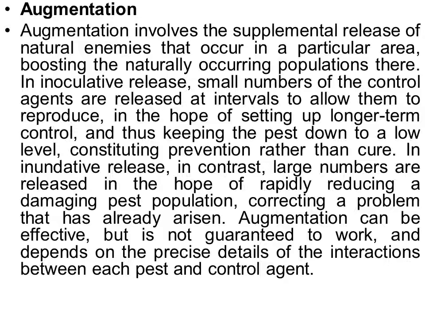In inundative release, in contrast, large numbers are released in the hope of rapidly reducing a damaging pest population, correcting a problem that has already arisen. Augmentation can be effective but is not guaranteed to work and depends on the precise details of the interactions between each pest and control agent.